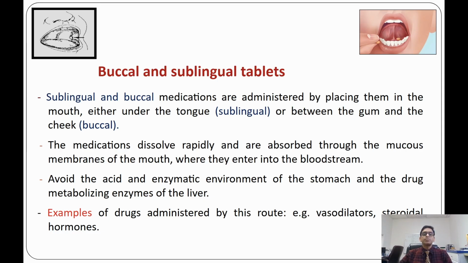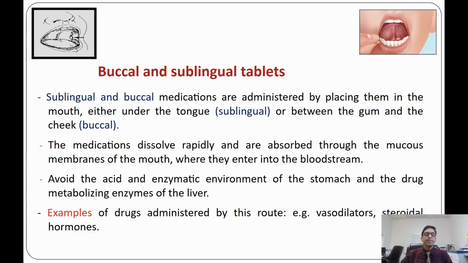The next one is the buccal or sublingual tablet. Sublingual and buccal medications are administered by placing them in the mouth, either under the tongue, which we call sublingual, or between the gum and the cheek, which is the buccal drug delivery system.